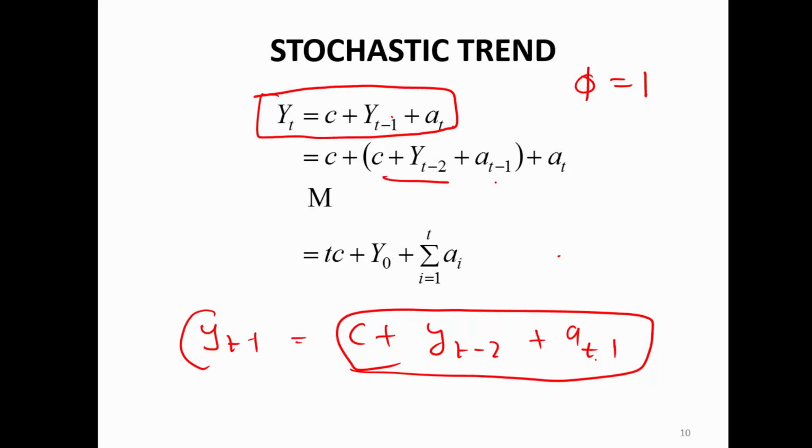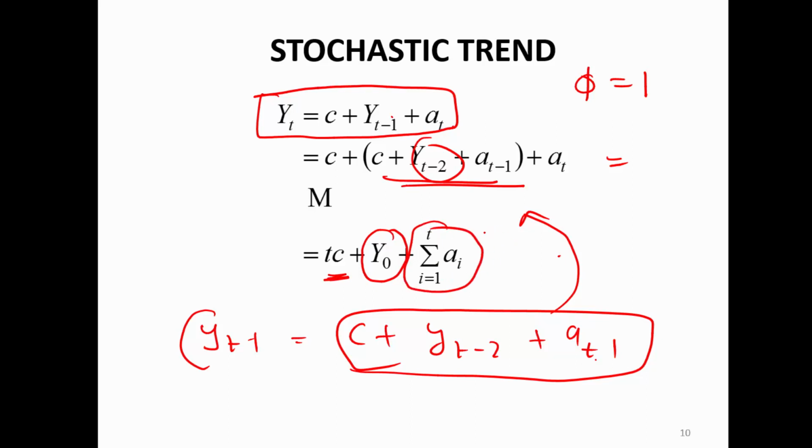C plus this particular thing I've just taken from here, and then you have the error term. And you keep doing that. For yt minus 2, you can also write that in terms of yt minus 3, and ultimately you will reach a point where you will have y0. And you have t times the constant, and you have the summation of the error terms, which eventually gets to 0 when you take the expectations.